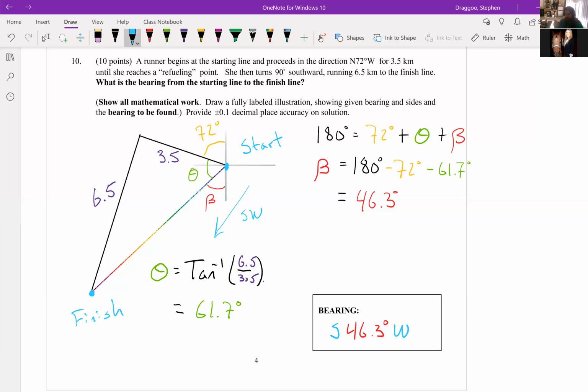So start to finish is southwest, finish to start is northeast. Because if I redrew my compass coordinate axes at the finish line, I'd find that my line, that rainbow line there, is in the first quadrant rather than the third quadrant.